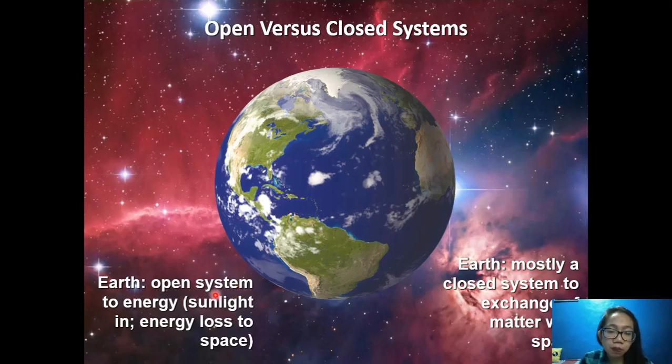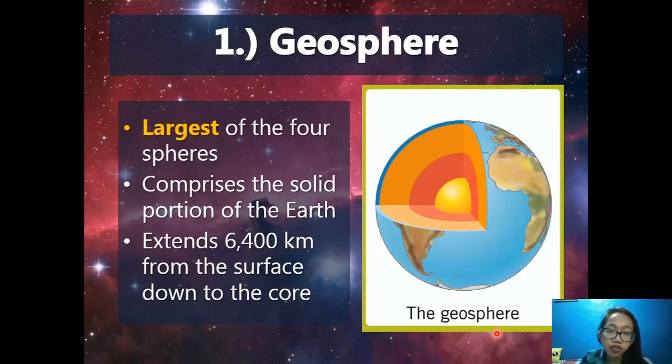This is the open system of energy in terms of sunlight, solar energy that I'm referring to. But for other forms of energy and matter, we are a closed system. Again, this is why it's important to study the different subsystems of Earth, because we are a closed system. A change in one system will definitely affect the other systems.